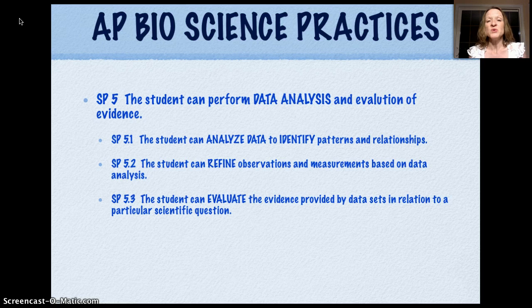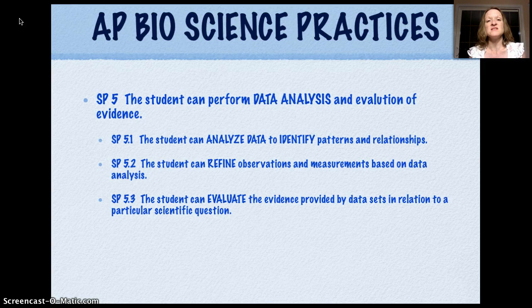We're going to evaluate the pieces of evidence from the data sets, from the research that's being done, and then go back and take a look at that scientific question and see if it was truly answered, or see what kind of support for or against the hypothesis may have been found.